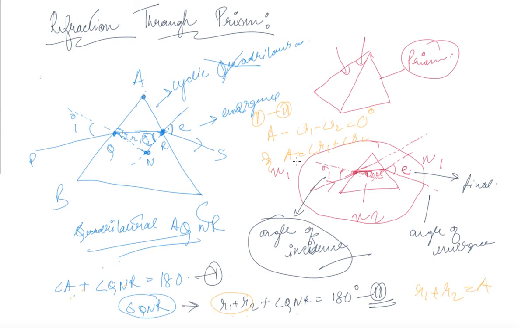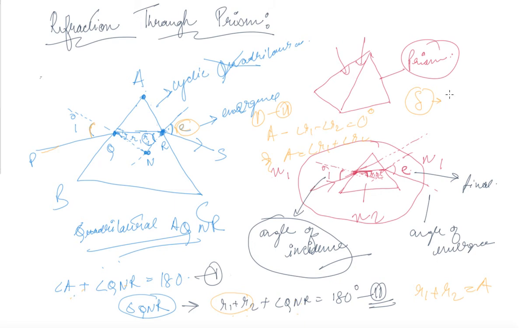Now, if you look at the total deviation, say if you are going inside with this angle and you are coming out with the angle of emergence E, what should be your total deviation? How much did the ray deviate? That deviation is denoted by delta.